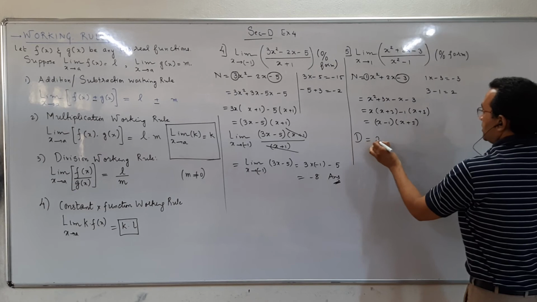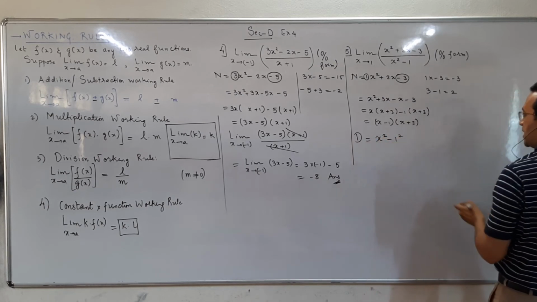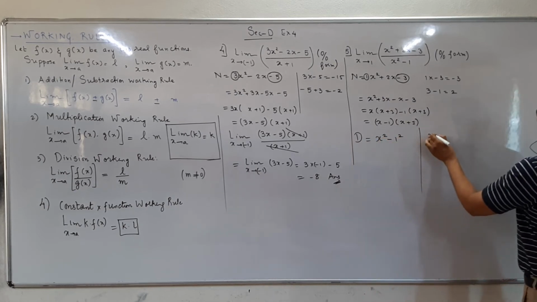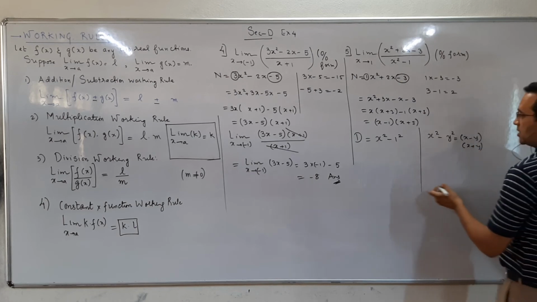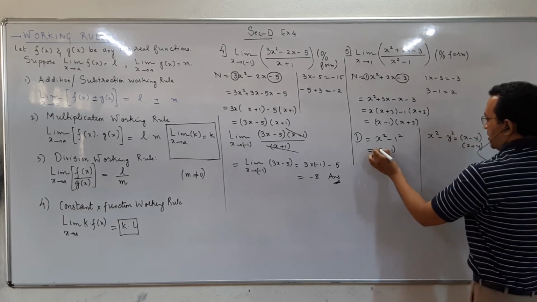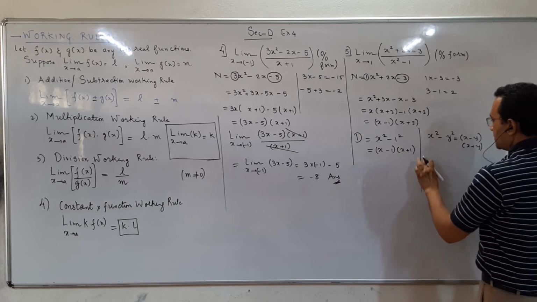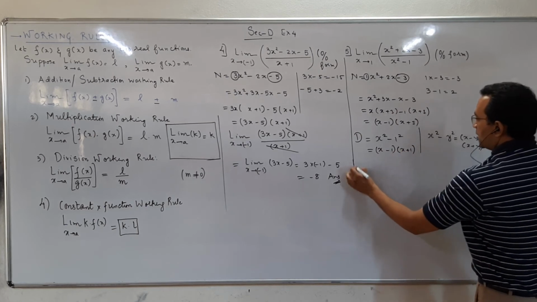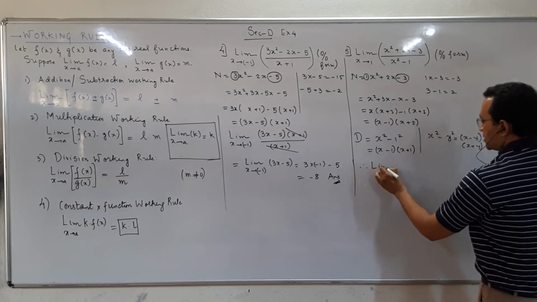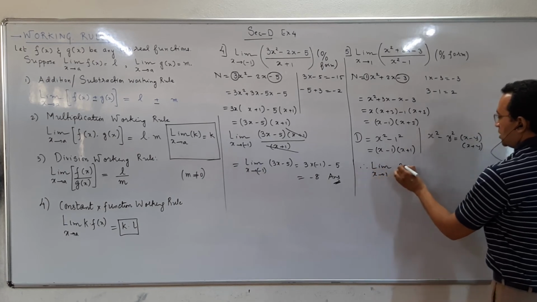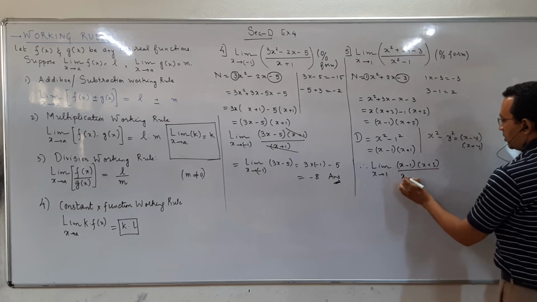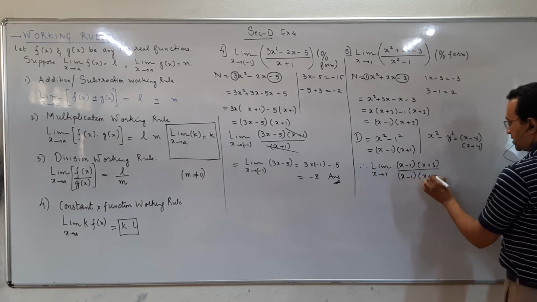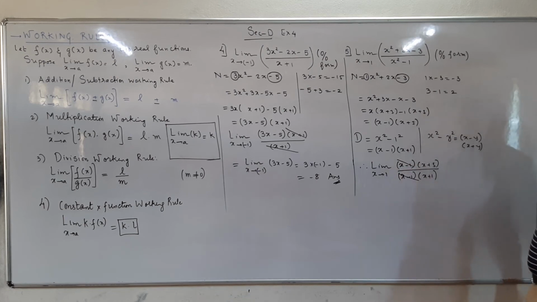Here luckily denominator is also factorized. All of you know the factors of x square minus y square are x minus y into x plus y. So this is written as x minus 1 into x plus 1. Now our limit is limit x tends to 1, x minus 1 into x plus 3 upon x minus 1 into x plus 1, x minus 1 gets cancelled.